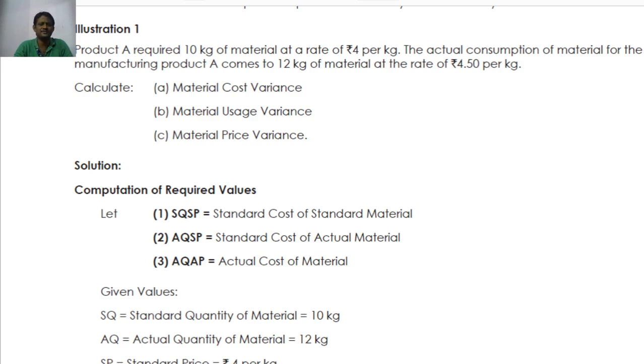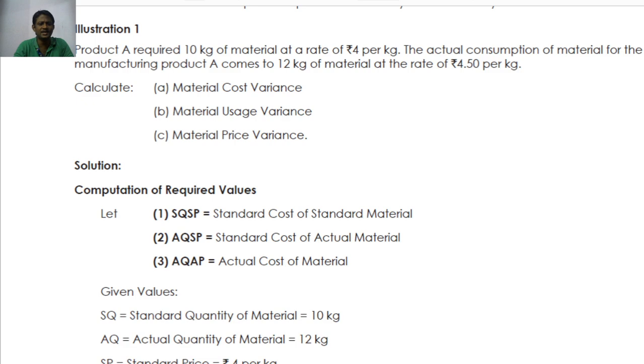Just compare usage variance first. Usage means how much quantity I should use as per standard, but actually how much I used. That is usage variance. Here, as per standard I should use 10 kg, but actually I used 12 kg.